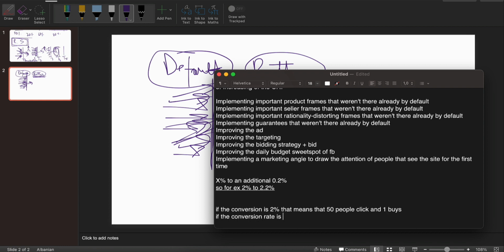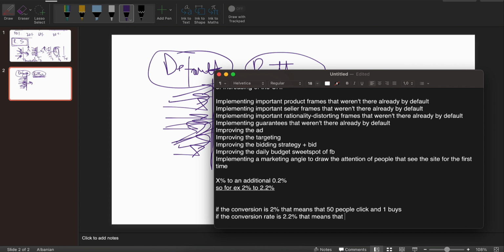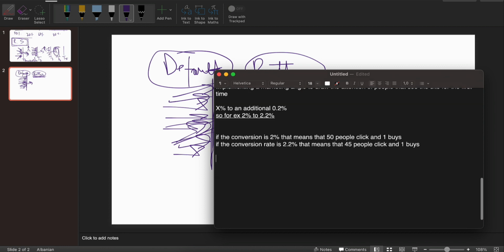If the conversion rate is 2.2%, that means 100 divided by 2.2, so 45 people click and one buys.